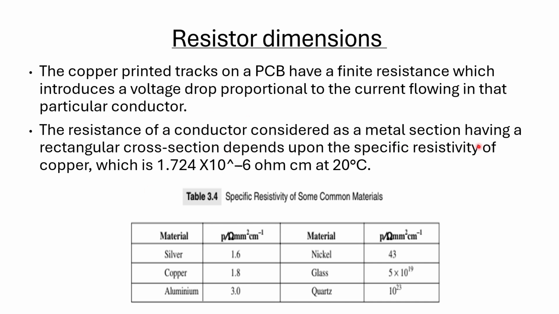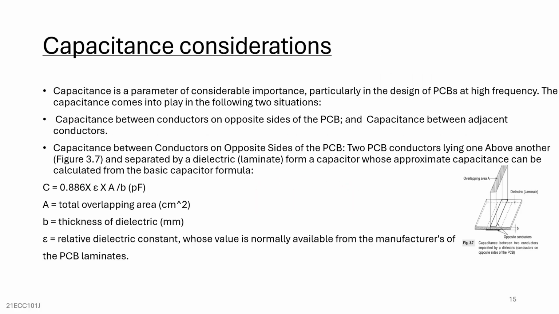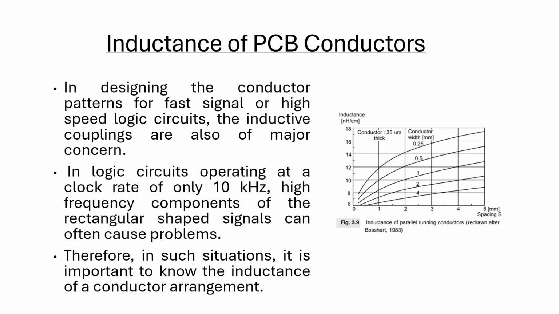The resistance of the conductor, considered as a metal section having a rectangular cross section, depends upon the specific resistivity of copper, which is like 1.72 × 10^-6 ohm-centimeter at 20 degrees.